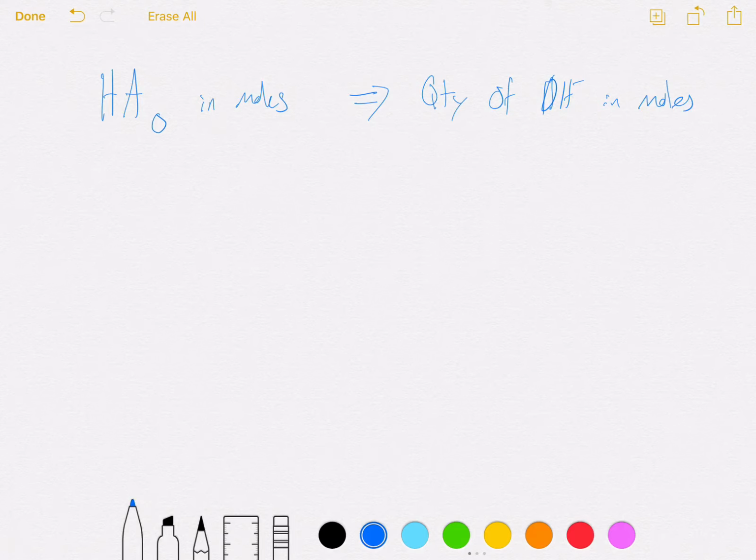And what's going to happen when you add titrant, regardless of where you are, is that your HA is going to get neutralized by that titrant to make water, which of course just gets added to your solvent. It just is your solvent. And then you're going to yield your conjugate base.